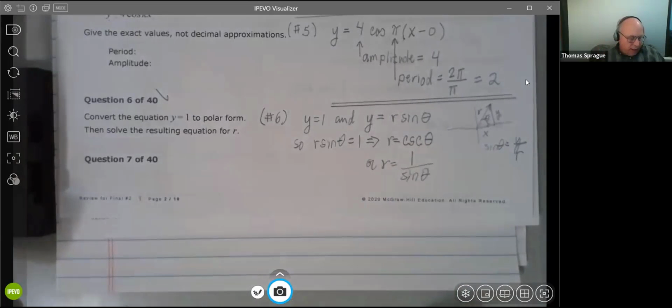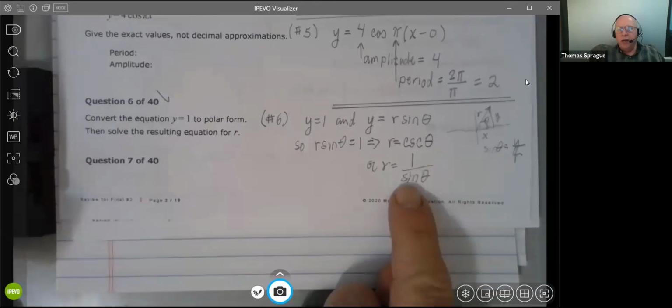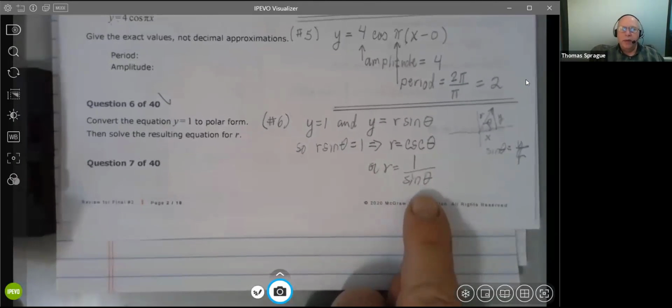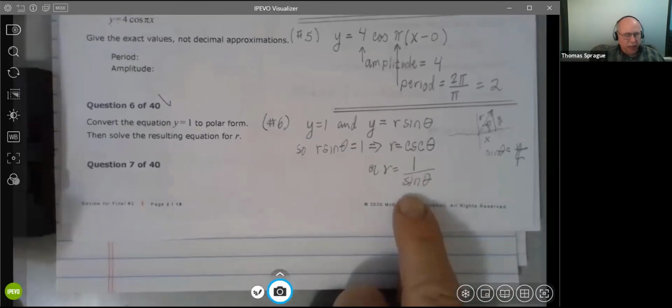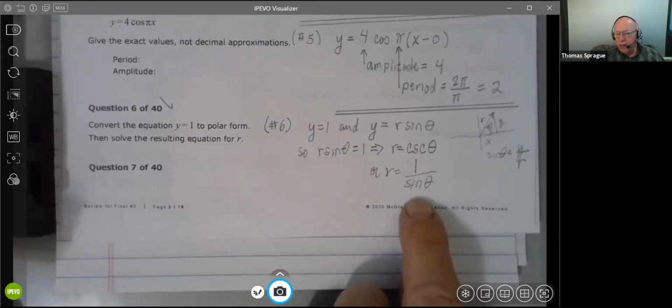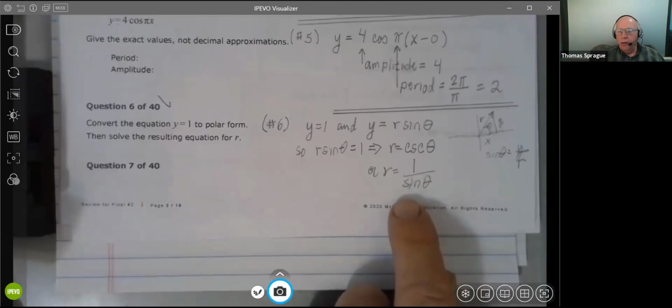Either way is correct. I do not know if Alex would insist on one form or the other. In a lot of scientific calculations, you see people oftentimes avoiding the cotangent, the secant, and the cosecant.